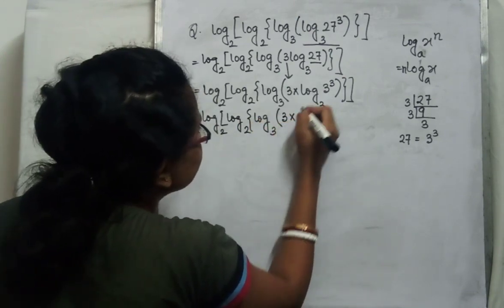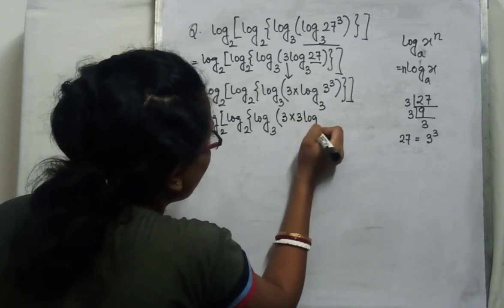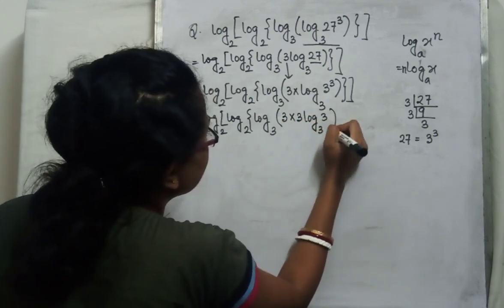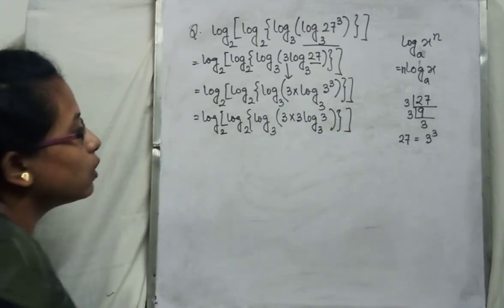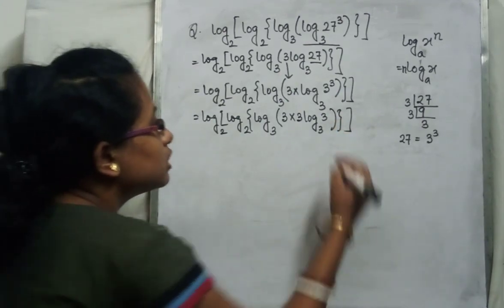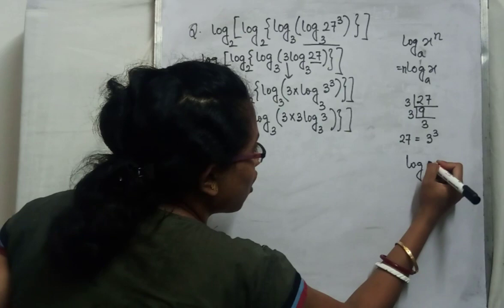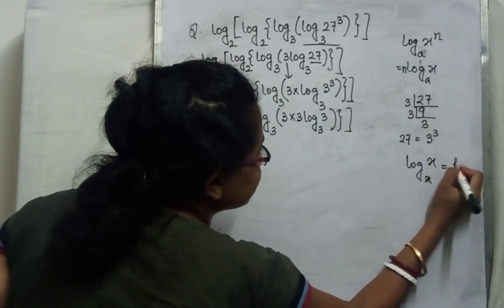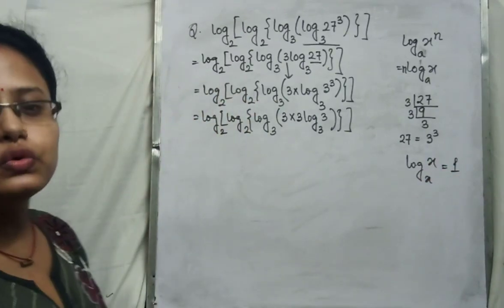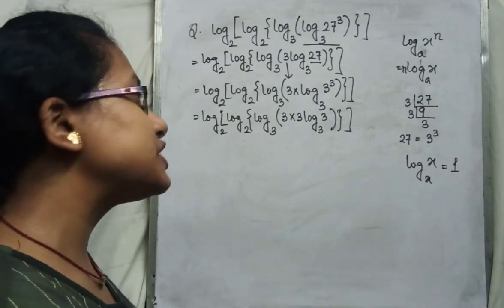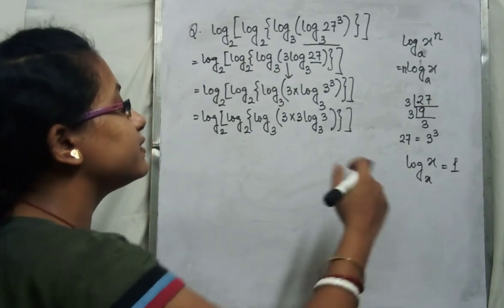Three into 3 log 3 base 3. So log 3 base 3, that means log x base x gives us 1. Wherever the value and base are the same, this gives us 1.